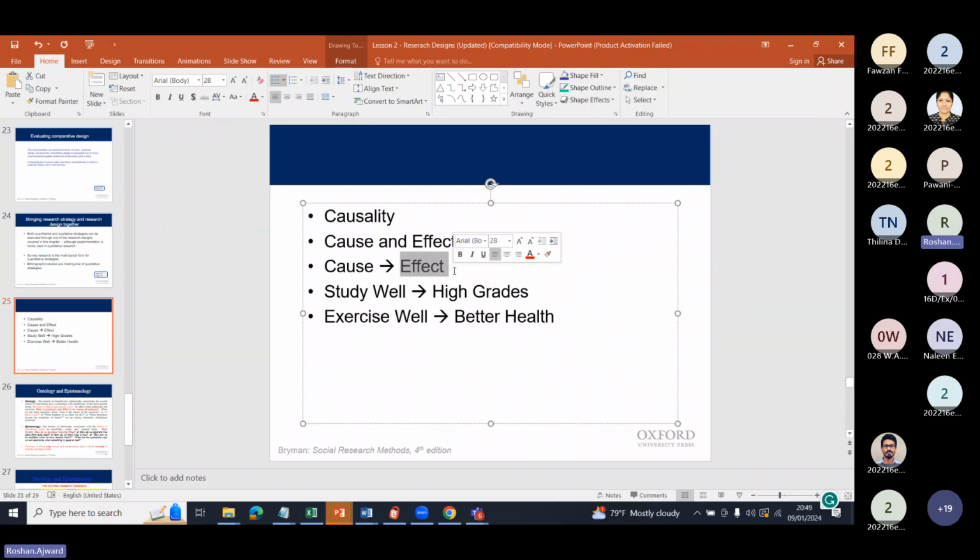Because you take data at one point in time. So you cannot check cause and effect. In which design can you check the cause and effect very well? Longitudinal. Okay, longitudinal.